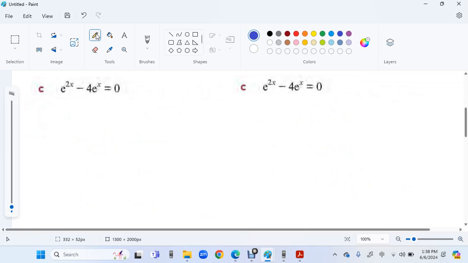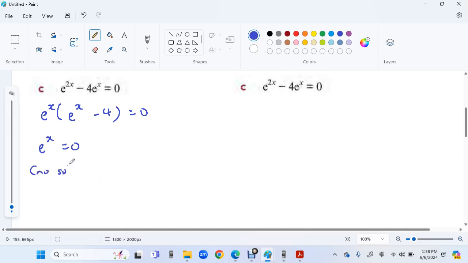C, if you are smart enough, then you can do it this way. We factorize the e power x. Then we have e power x equal to 0.